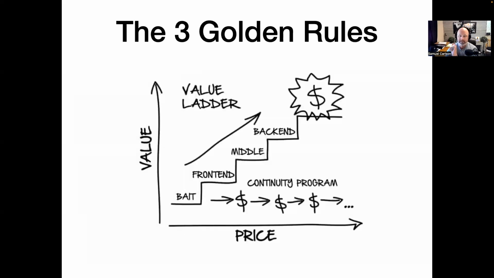All right. Let's go back and apply these 3 golden rules to the value ladder. Number 1, we have to start out with the right bait. Now, I put in here, who is the correct who? That's in big letters. We're going to loop back to that rule. We can't talk to everybody.